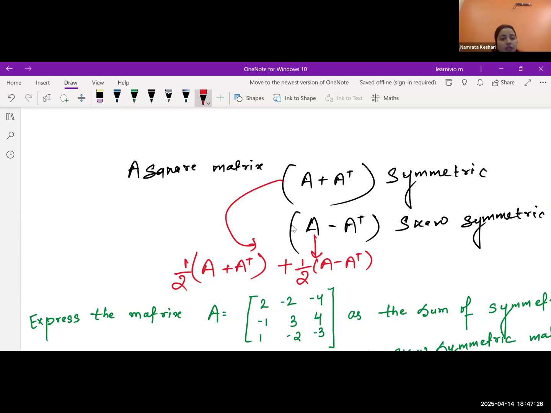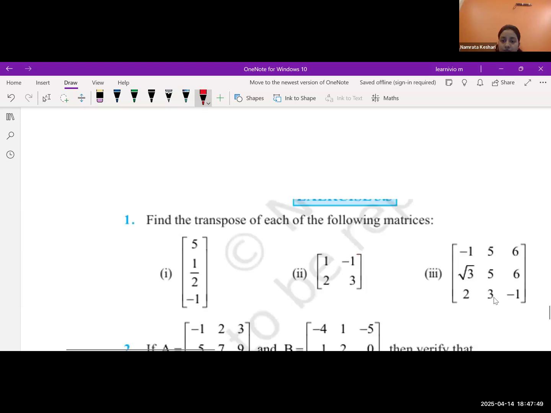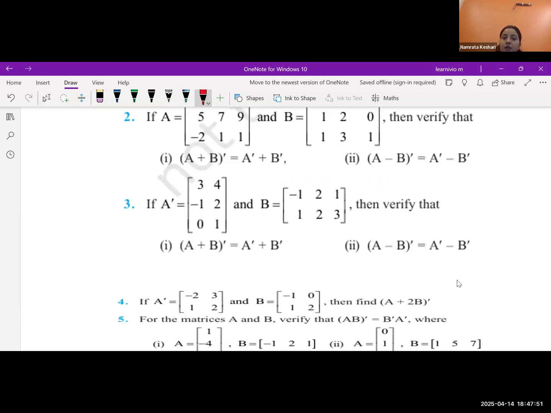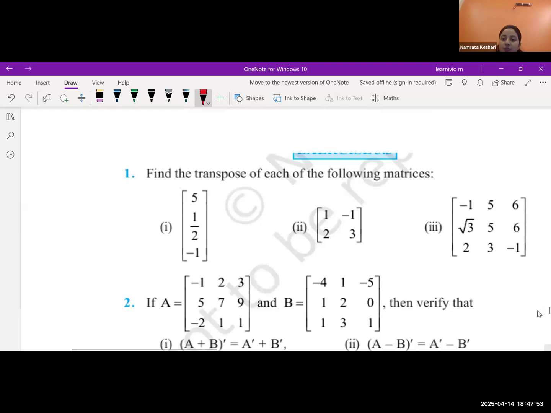So we are doing this arrangement, and now we open the bracket, so we will have 1 by 2 A plus 1 by 2 A transpose plus 1 by 2 A minus 1 by 2 A transpose. This is gone, and we are left with just A, and we are able to represent this matrix A as a sum of a symmetric and a skew symmetric matrix.